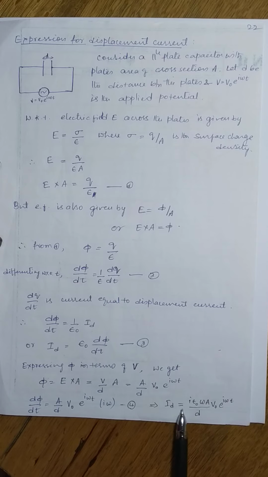That is, displacement current is equal to i epsilon naught omega A V naught e to the power of i omega t by d, where d is the distance between the plates of the capacitor. This is how we can see that electromagnetic waves can travel even in free space.